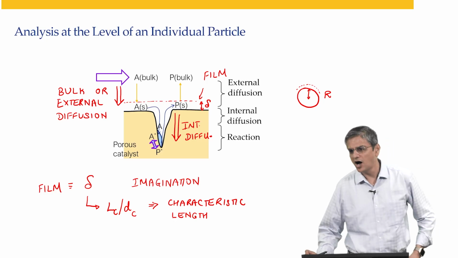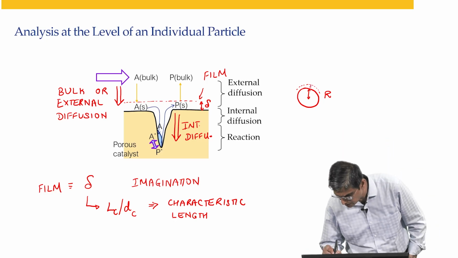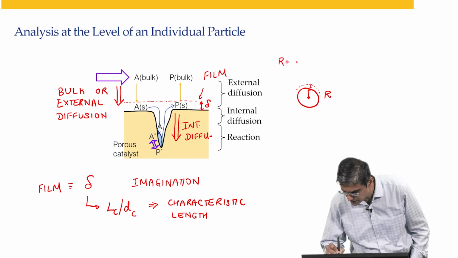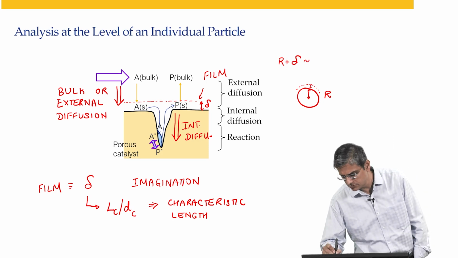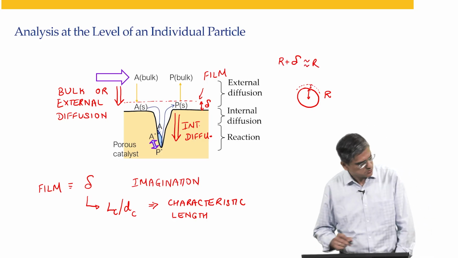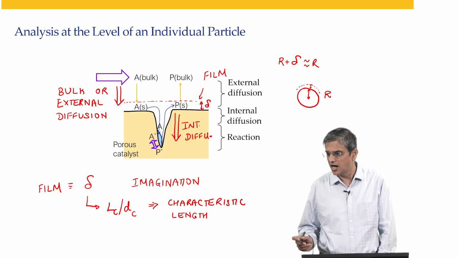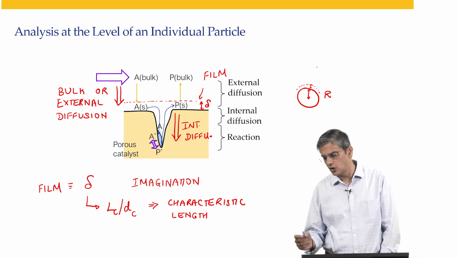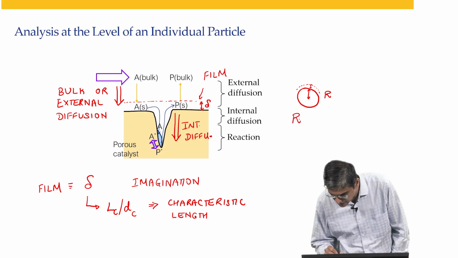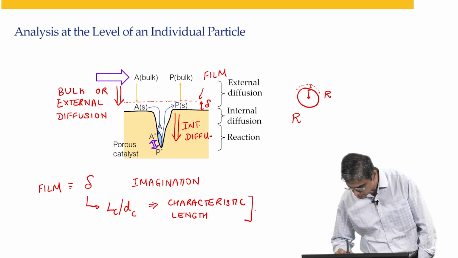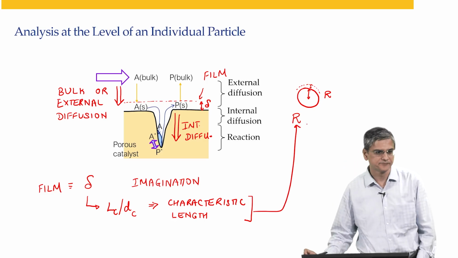Now, how much is that delta? The delta is typically small. So, if you think about r plus delta, you can say it is approximately equal to r. Everything scales with delta, the delta scales with r. So, therefore, with a lot of research and with a lot of analysis, we have found that the radius of the particle is a reasonable characteristic length.